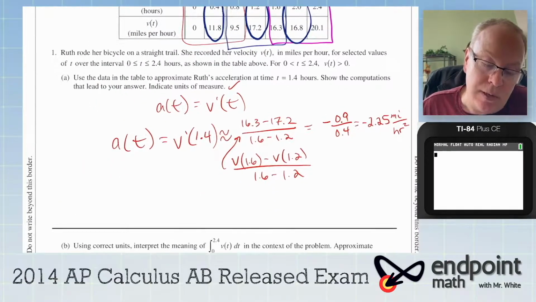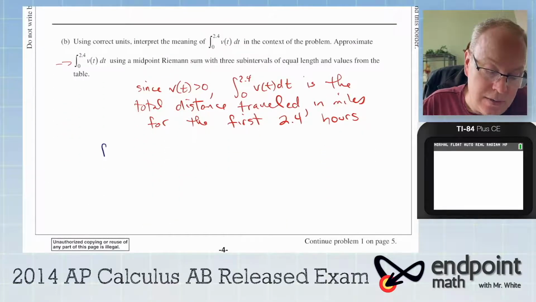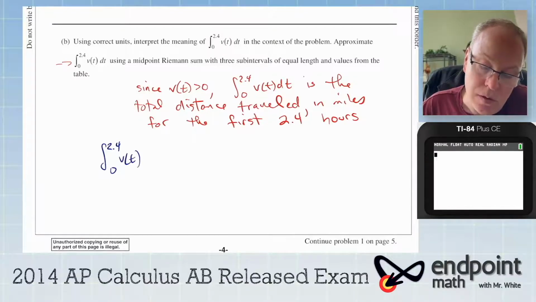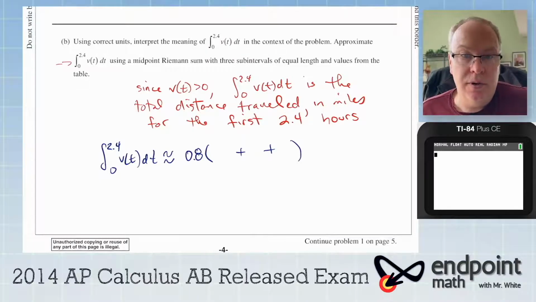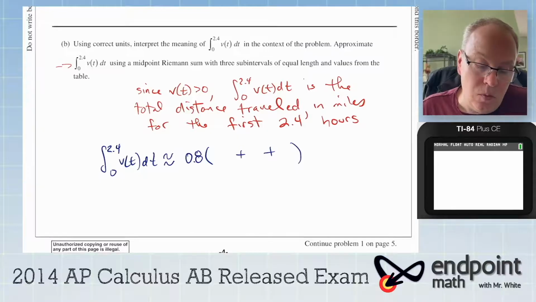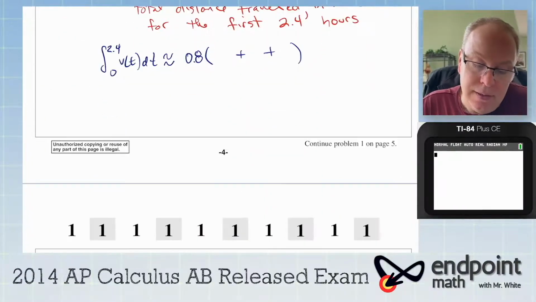All right, so let's get this down. The integral from 0 to 2.4 of v(t) dt would be approximately equal to 0.8. That's the width of all 3 of the rectangles, right? They're all 0.8 width. And then we just need to do 11.8, 17.2, and what was that third one?